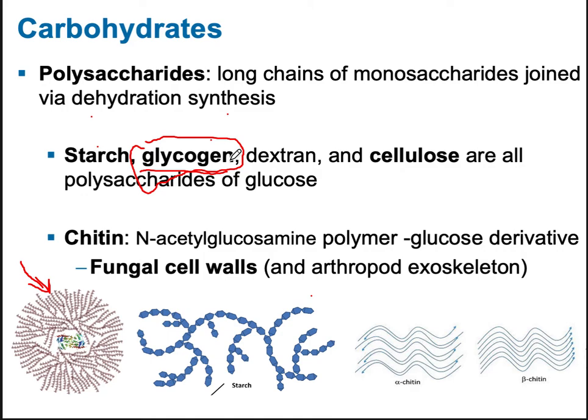If you try to just keep all of the glucose molecules separate, individual, then you would end up having lots of water surrounding each of those molecules of glucose, and you would gain so much water weight and you wouldn't be able to move around.